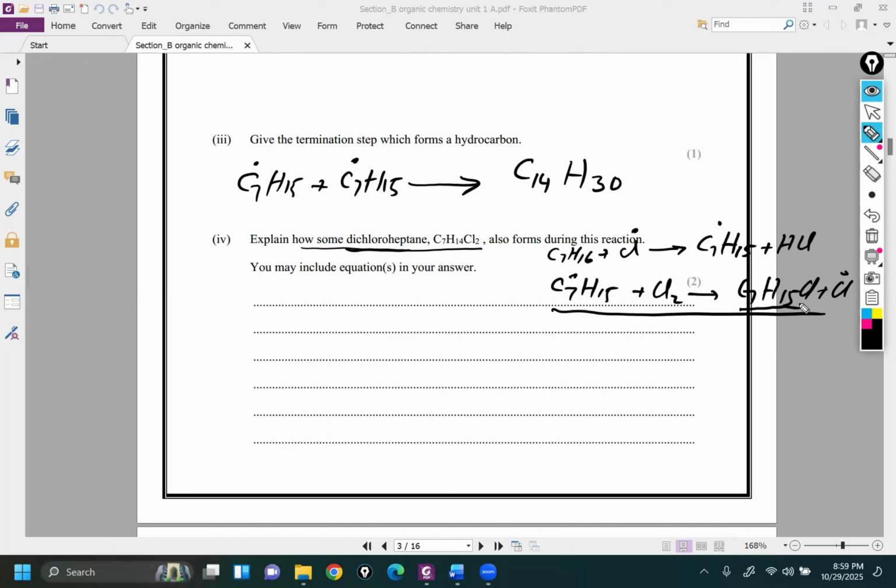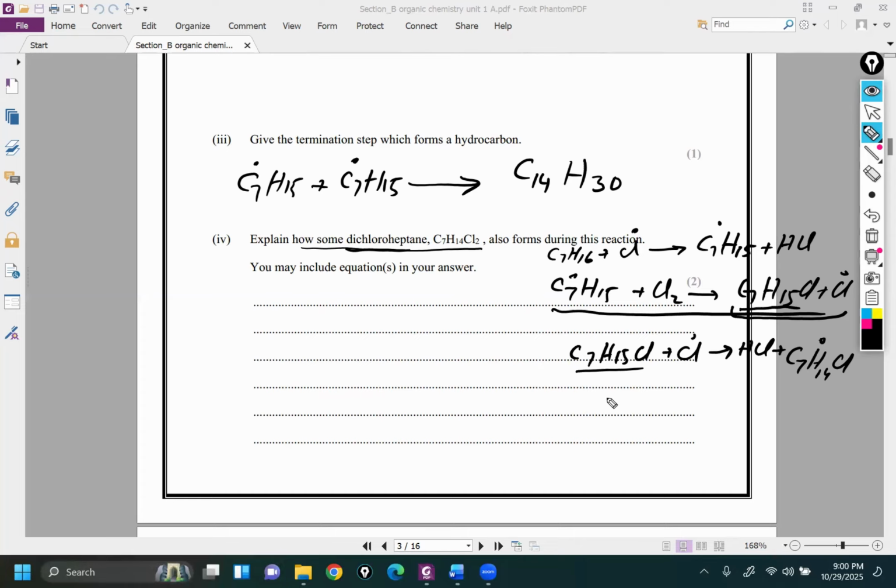So when you continue this, this C7H15Cl and this free radical, both these products will come for the next step. Again, chlorine is more reactive. It will snatch hydrogen to become HCl and what will be left behind is C7H14Cl dot will form.